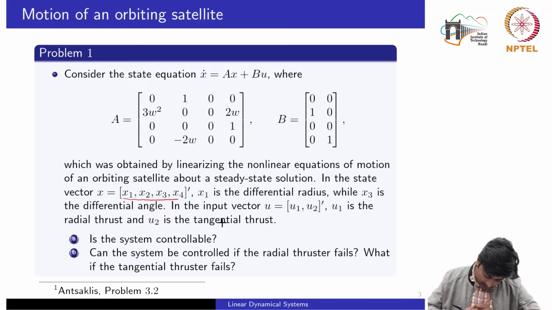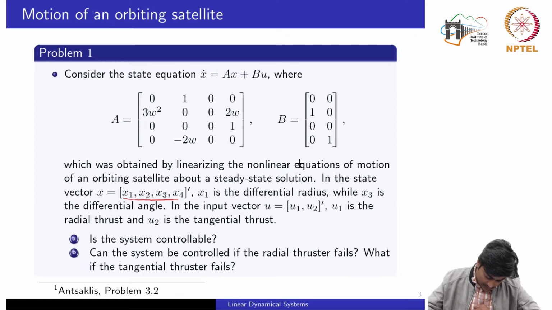The second part is quite interesting in the sense that we want to ensure the controllability of the system under one of the inputs. For example, if we have lost complete control over the radial thrust u1, can we say that the system is still controllable by using only the control signal u2, and vice versa?